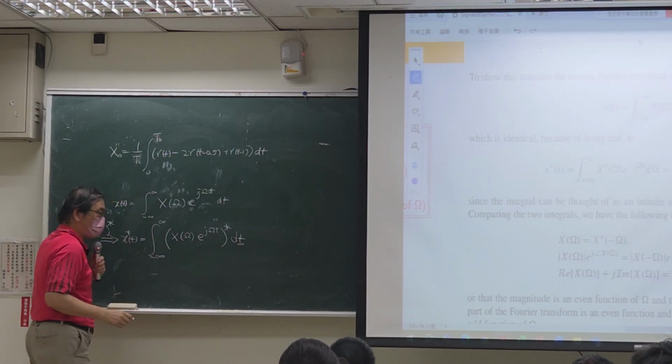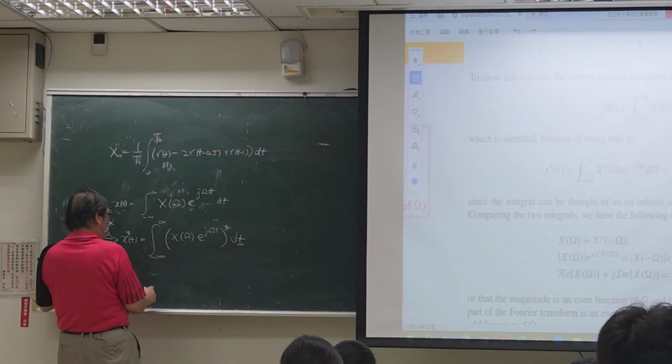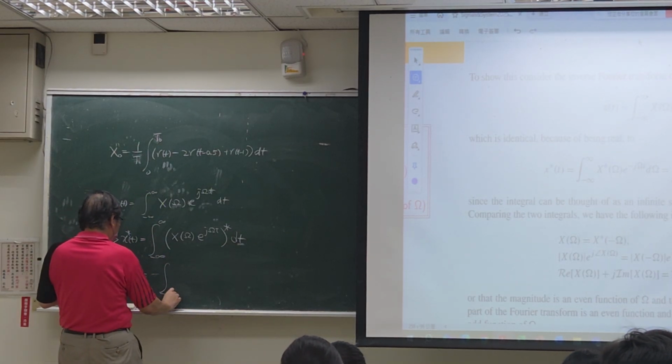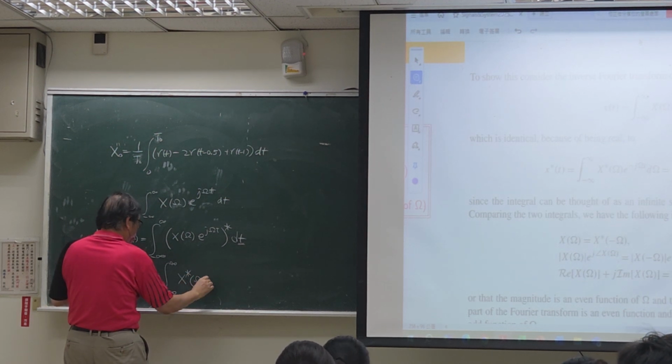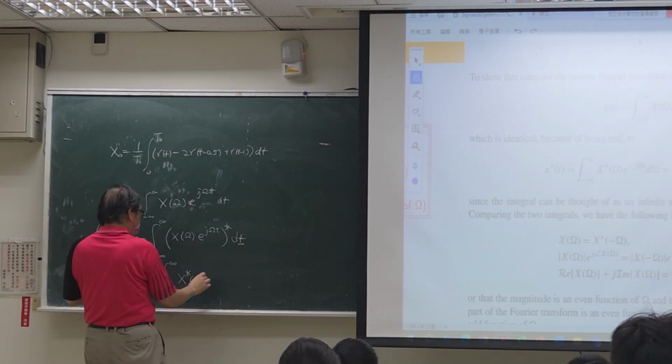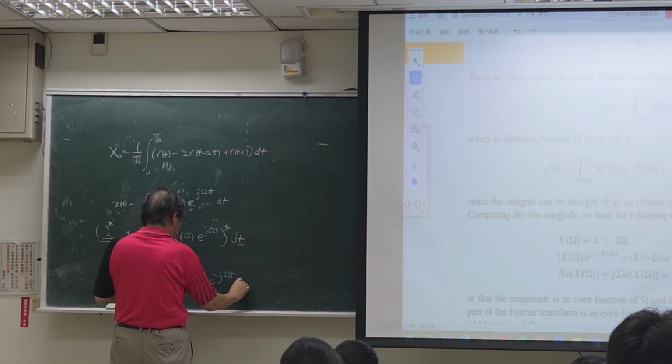This is a real number, so it doesn't change. E is a real number, it doesn't change. So we have X star of omega, and then the complex conjugate of this complex exponential function is simply negative j omega t.